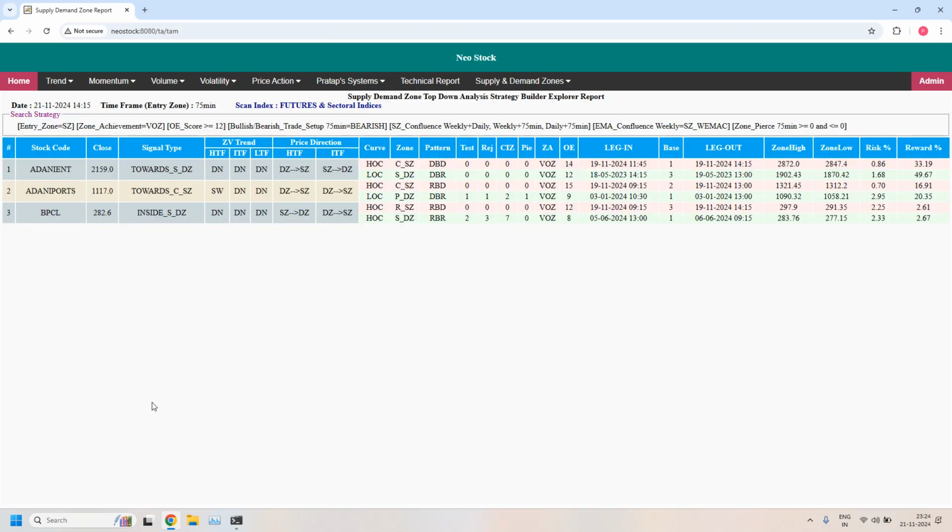Let's verify. We got 3 stocks. Ignore the second one because it is sideways. But the first one and third one are high probability trade setup supported stocks. So this is about the bearish trade setup for weekly income trade.